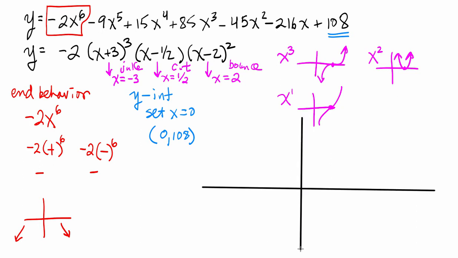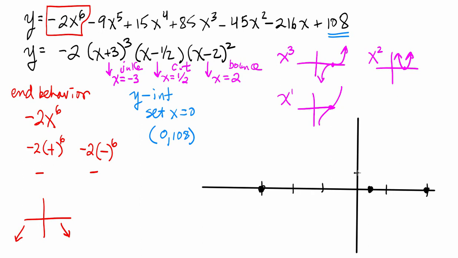Now, in marking off the x-axis, we can see that we're going to need an x value of -3, since that is going to be one of the x-intercepts. We're going to need also x values of 1/2 and 2. These are the 3 x-intercepts.